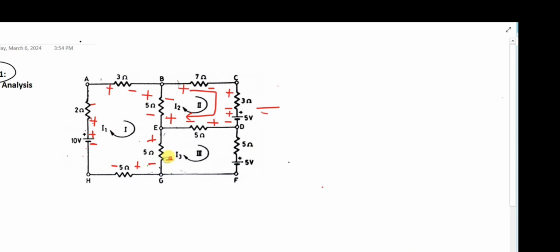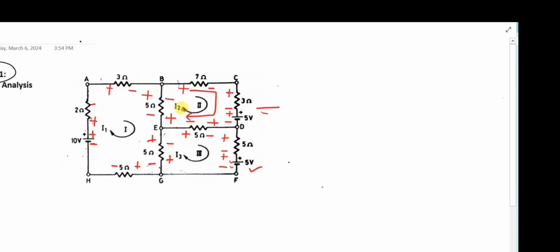Over here the current is entering from this, exiting from this, entering from this, so we'll write plus sign, minus sign, plus sign, minus sign, plus sign, and minus sign. Again, for the voltage source you are not going to notice the direction of current flow; you just have to notice the positive and negative polarity of your voltage source.